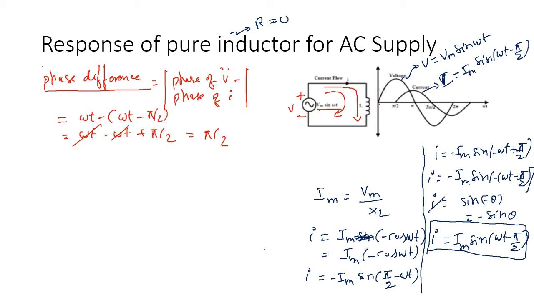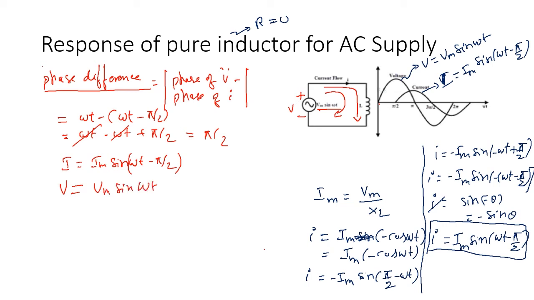Even if you take the current waveform, I is equal to Im sin(omega t minus pi by 2), and the voltage equation is V equal to Vm sin omega t.